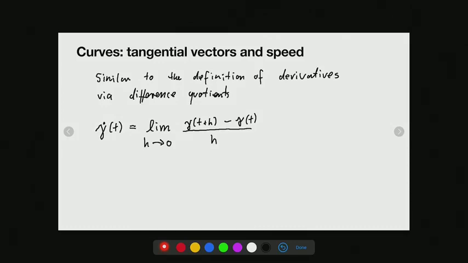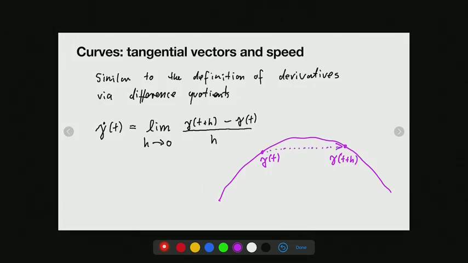Just a standard difference quotient that you already know from analysis 1 and 2. Basically, it's just like you apply the difference quotient to each component. That can be visualized as follows. Suppose again we got a curve. And let's say we've got gamma t here. And somewhere else, a bit further, we got gamma t plus h.